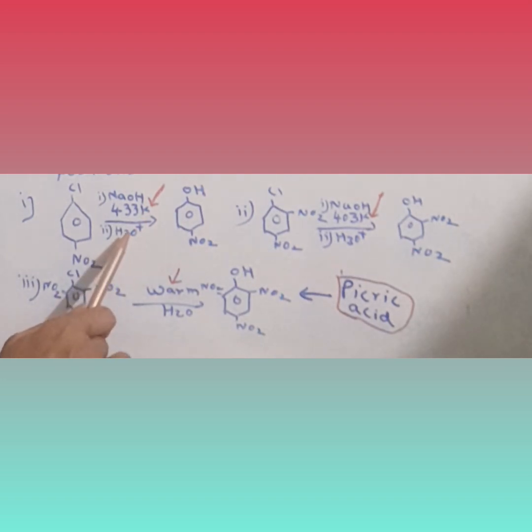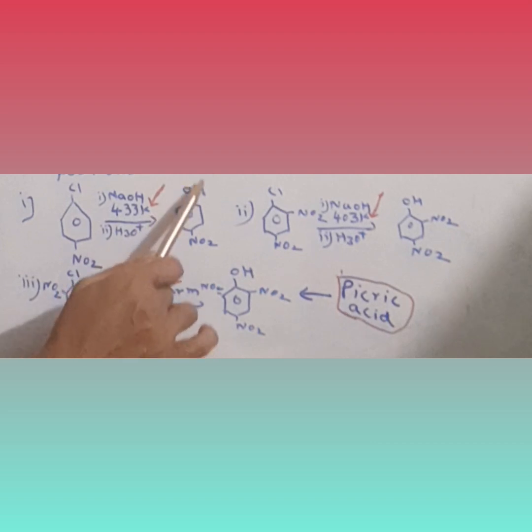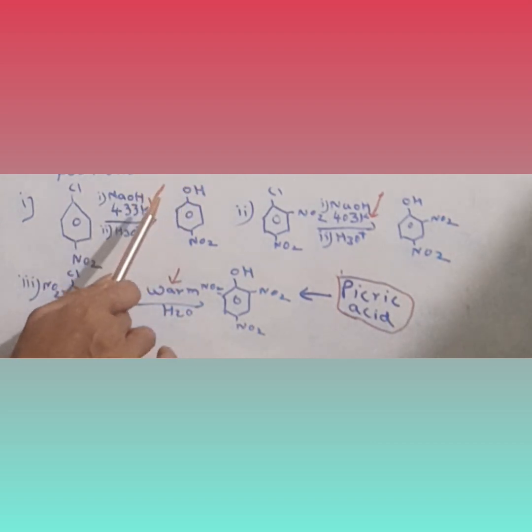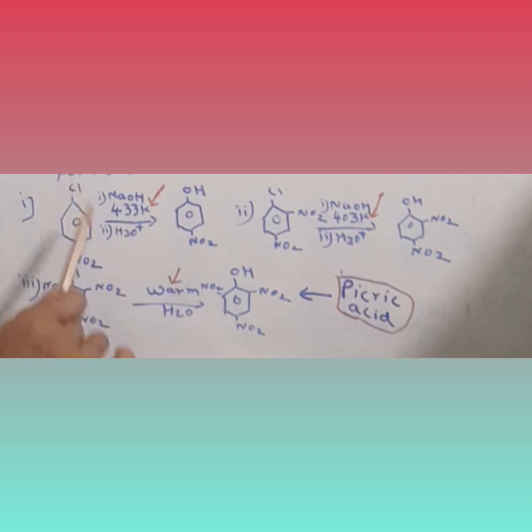That's why we use acidified solution. So in step 2, since we have used sodium hydroxide, we would get Na salt. So in order to remove Na salt, we have got to acidify. So step 2. Similarly here also, same thing we do. But here it is, I'll come to this part at the end.